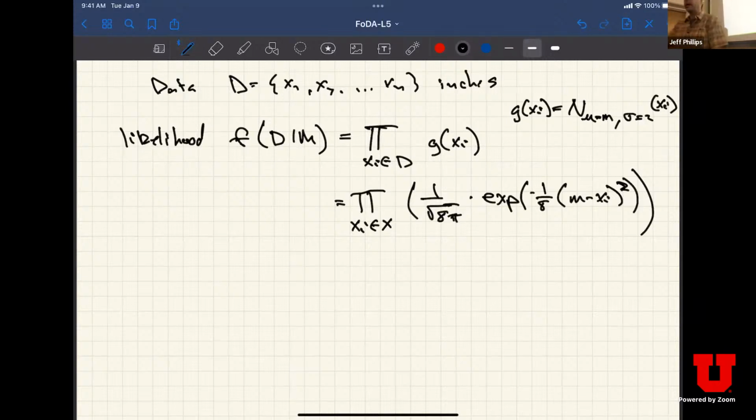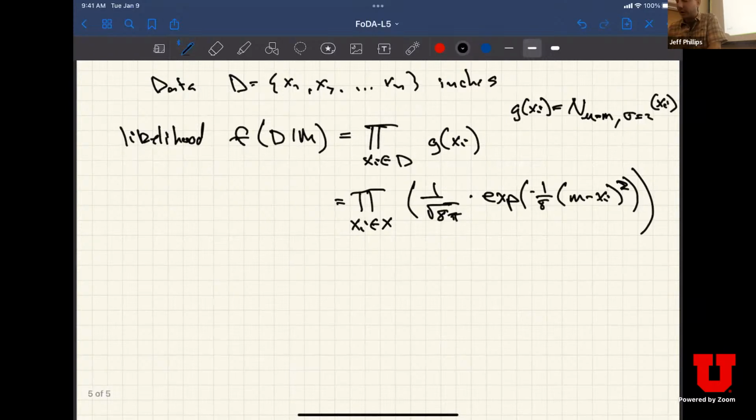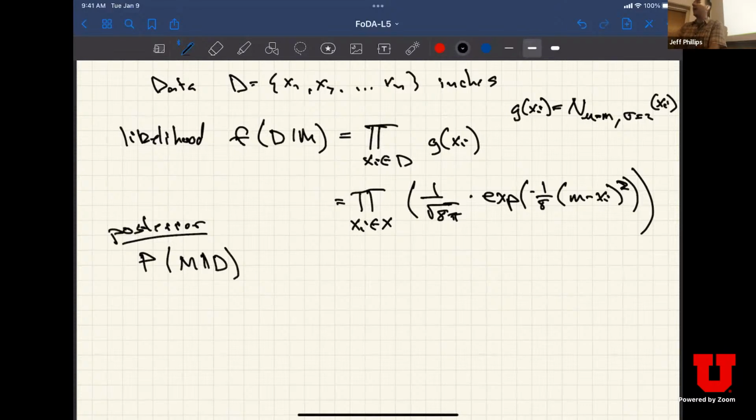Now I want to incorporate the prior as well, right? And so now I want to talk about the posterior. The posterior is again like the probability of the model given the data, but now I'm not going to ignore this prior information I have.